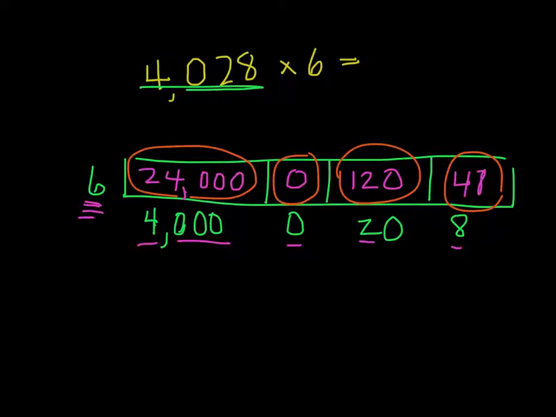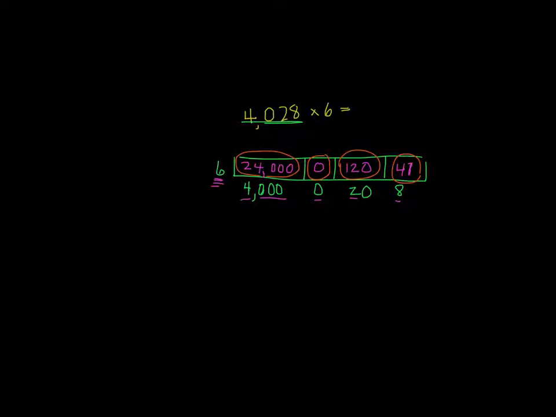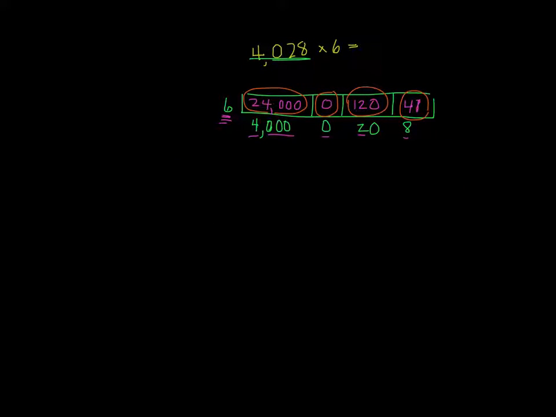So let me make that a little bit smaller so I have some more room. And I'm going to take the 24,000 in the first box. I don't need to add in that 0. I know it's not going to change my total. Put in the 120 and then the 48.